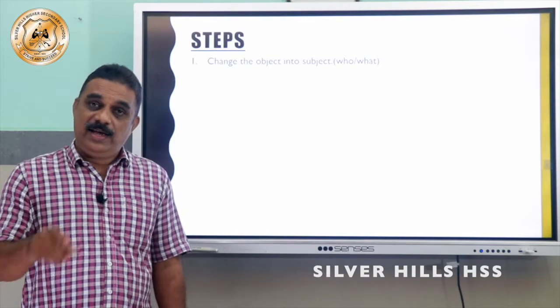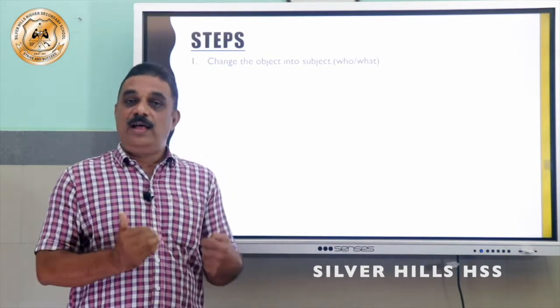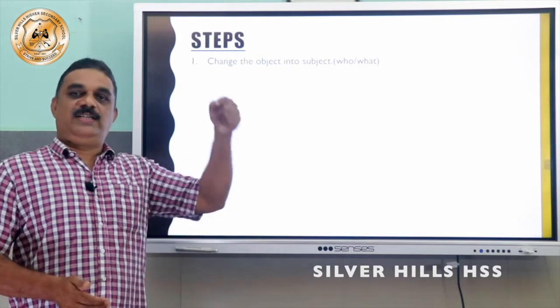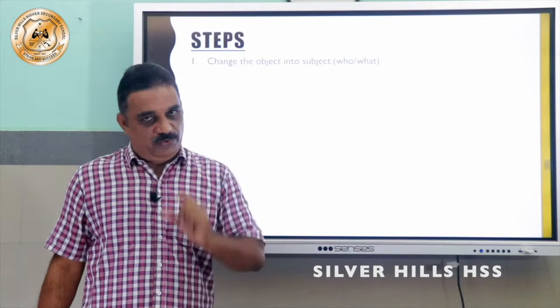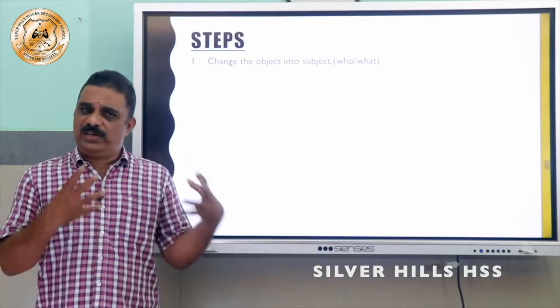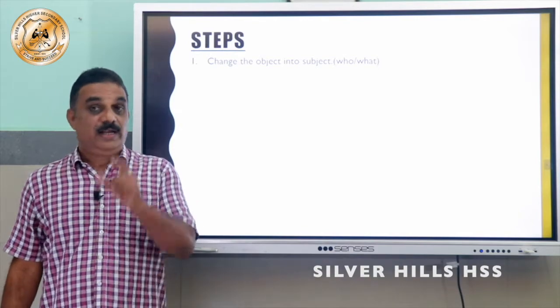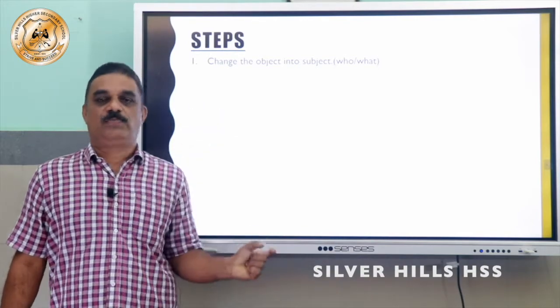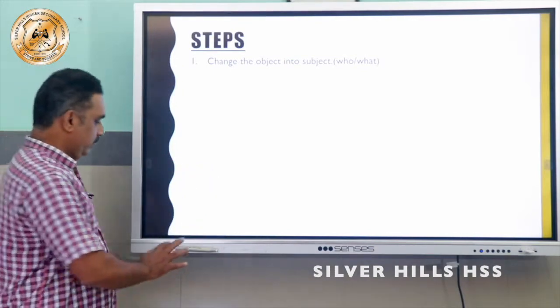Rama killed who? Ravana. So Ravana is the object, and take that into subject position. So the first step that you have to follow while changing an active sentence into passive is to take the object into subject position. Okay. Now what is the second one?